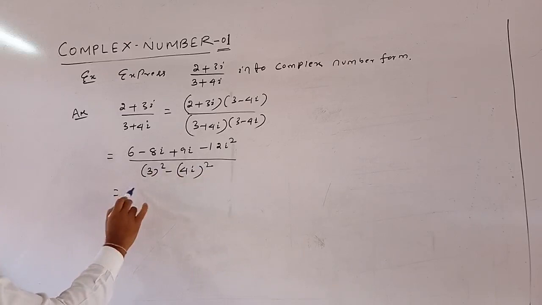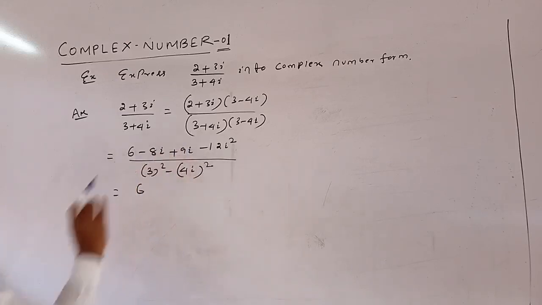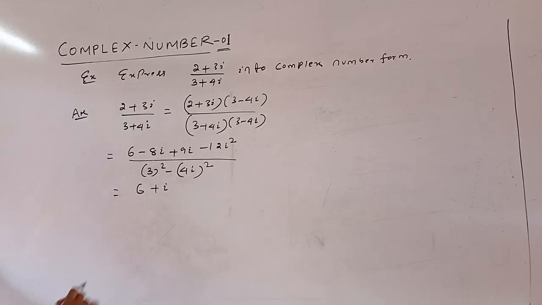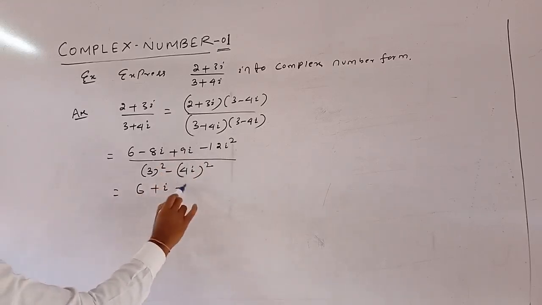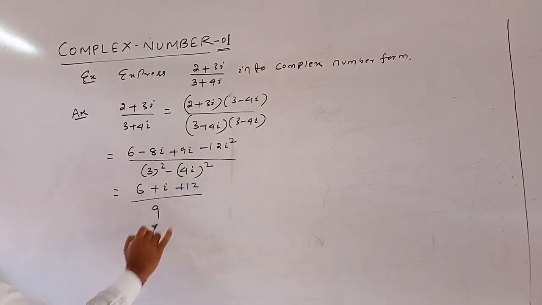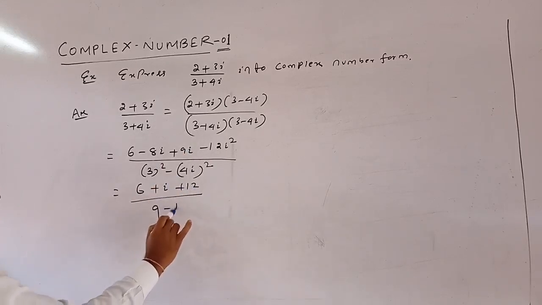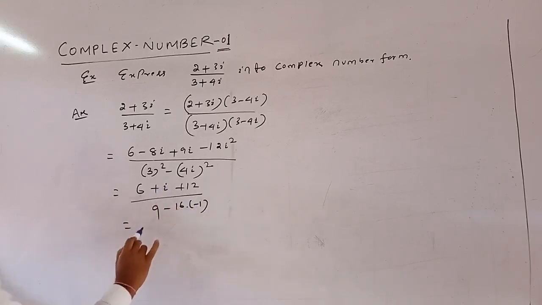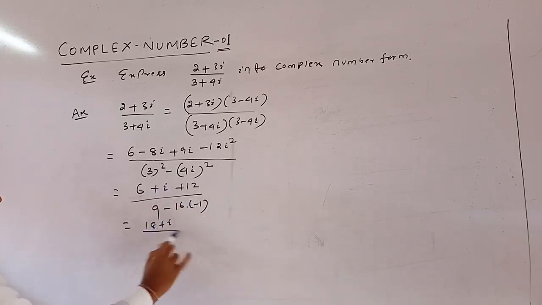So 6 minus 8i plus 9i, and i square means minus 1, so minus 12 into minus 1 is plus 12, whole by 3 square is 9, 4 square is 16, i square means minus 1, so 9 plus 16 is 25. The numerator is 6 plus 12, that is 18, plus i, by 25.